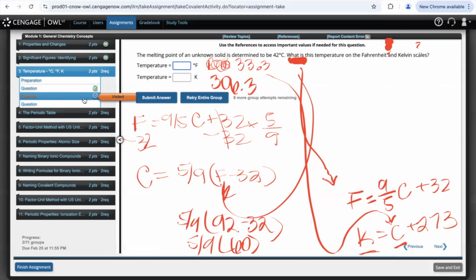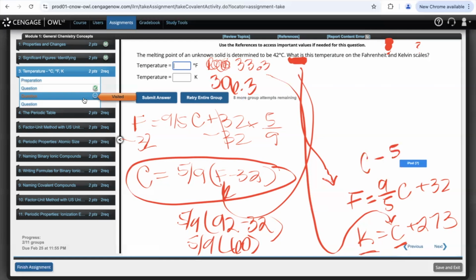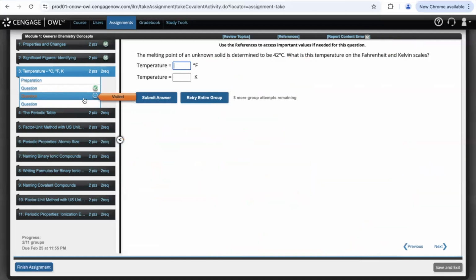All right, we'll do the other one too. So now we have our formula for Celsius. I'm going to write this over here so we don't have to solve for it again, and I'm going to erase everything else. Oh, I erased everything. Okay. Celsius equals 5/9 times Fahrenheit minus 32.